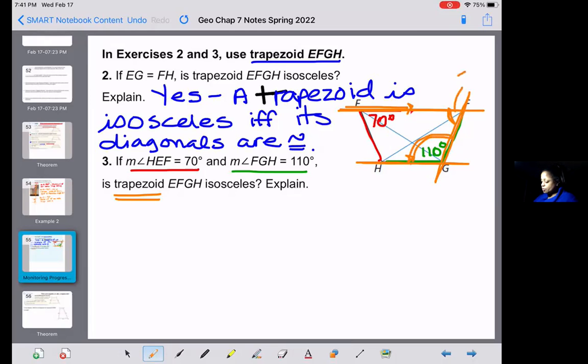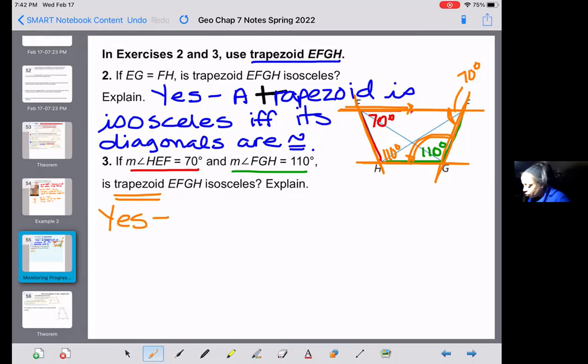So doesn't that have to be 70? Yeah, it does. They have to be supplementary, otherwise those two can't be parallel. And then doing the same thing on the other side, this also has to be 110 because it's got to be supplementary to the 70. So then the answer is yes.